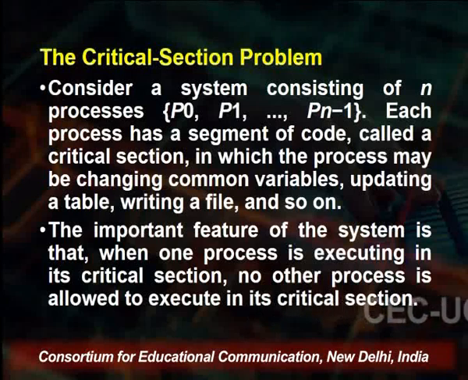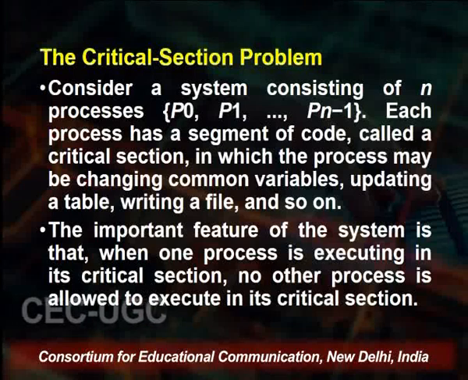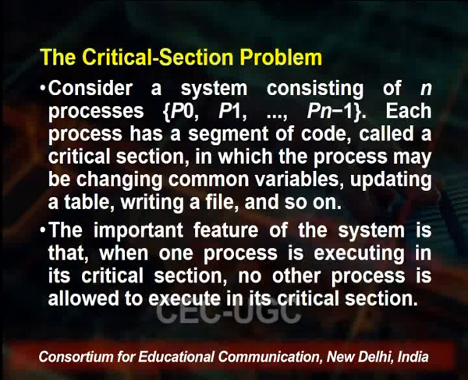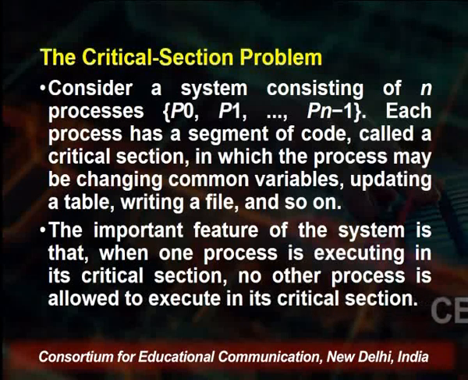It's very important to understand what is a critical section, what part of a process we will call the critical section. Say for example, we have a system with n processes, P0, P1 up to Pn-1, and each process has a segment of code called the critical section.